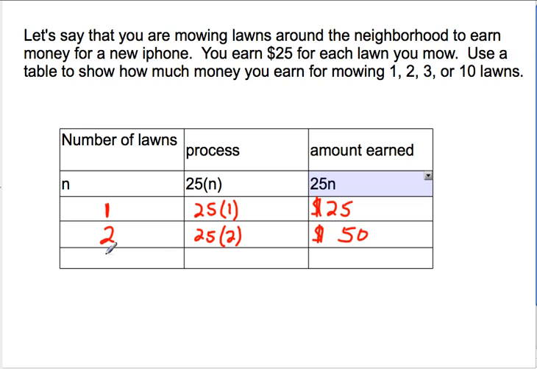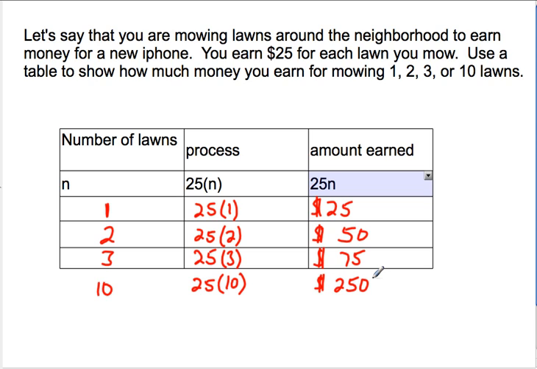Still not to our iPhone yet. If we mowed 3 lawns, we would get $25 times 3 lawns, and so we get $75. So clearly we're not going to get an iPhone by mowing 1, 2, or 3 lawns. Let's skip up ahead to about 10 lawns. I forgot to make an extra row here. So if we have 25 per lawn times 10 lawns, we're going to end up with $250.